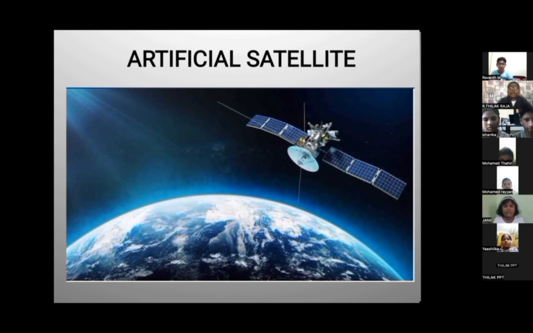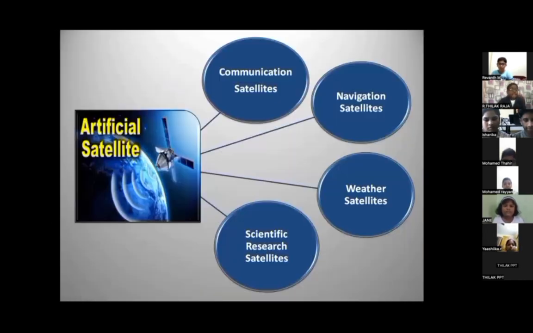These satellites are launched into space using rockets and they serve various purposes. As you see, there are various types of artificial satellites like communication satellites, navigation satellites, weather satellites, and scientific research satellites.